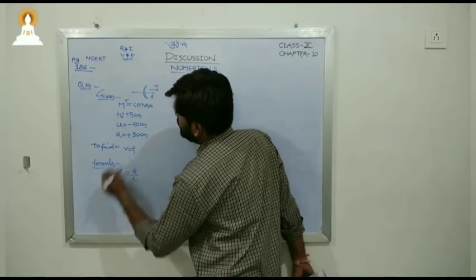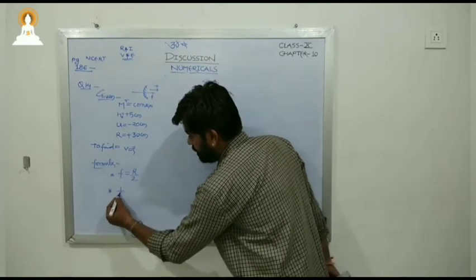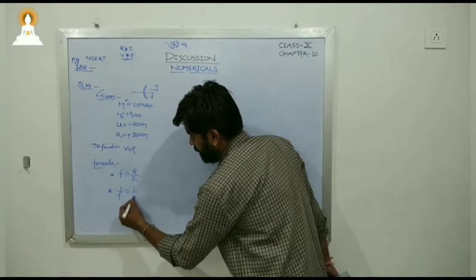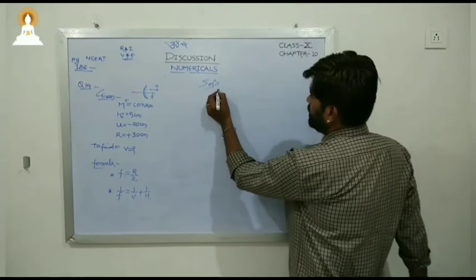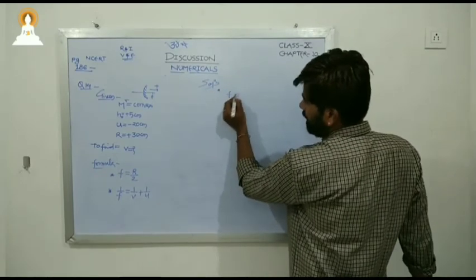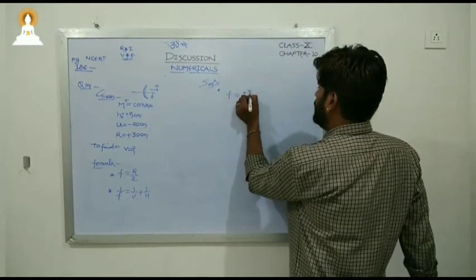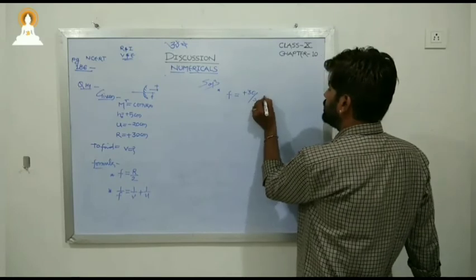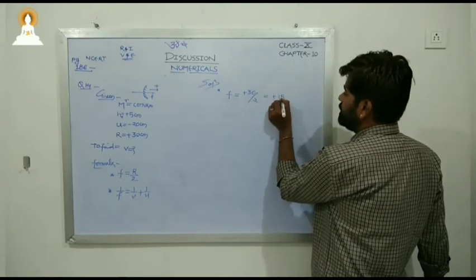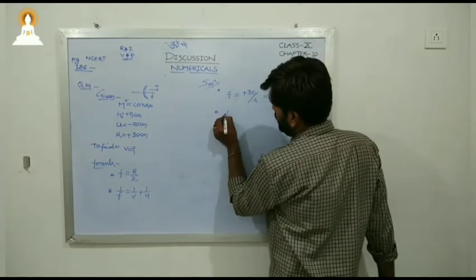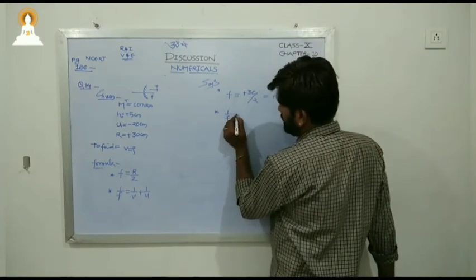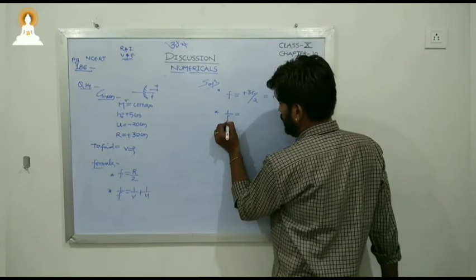Yes, and because it is mirror, so 1 upon f will be equals to 1 upon v plus 1 upon u. So from here you may directly find out f is equals to R. R is plus 30, so plus 30 by 2, so that will be plus 15 centimeter.